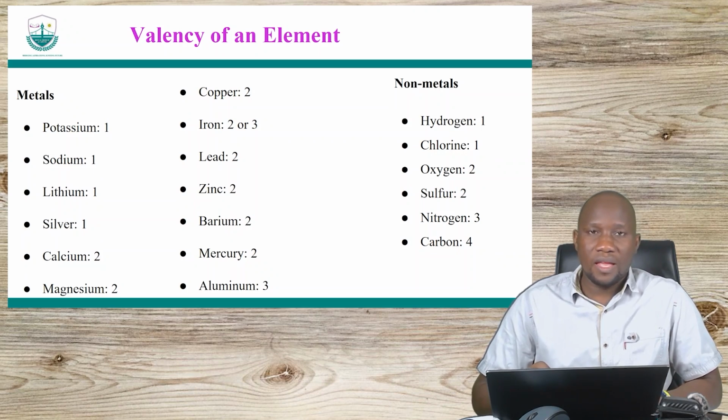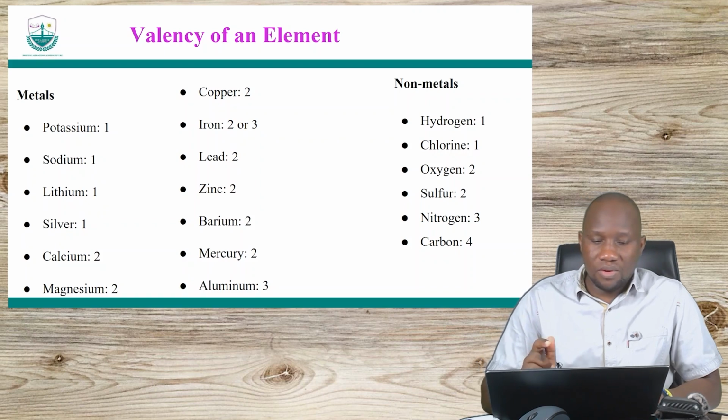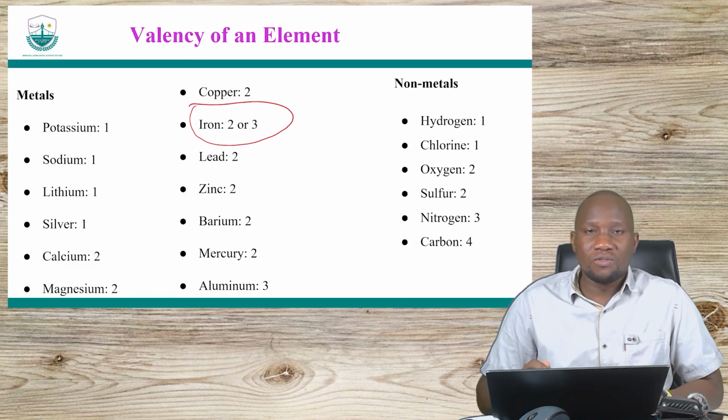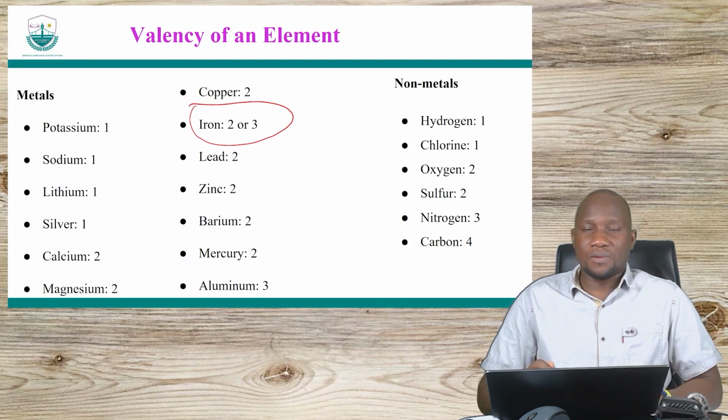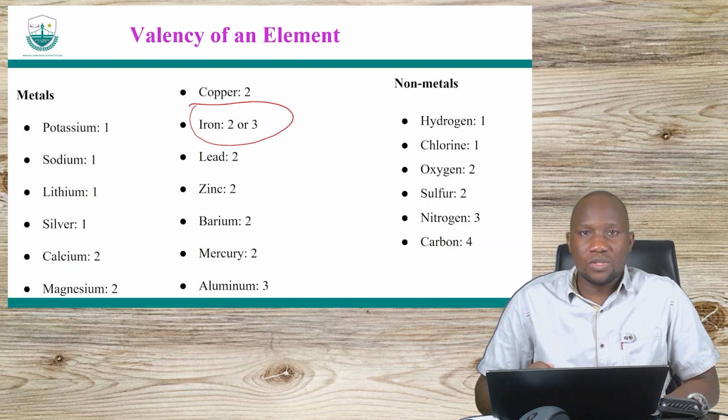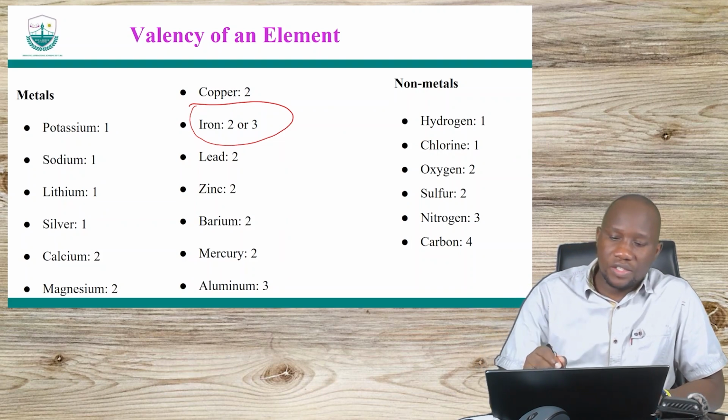We have elements that have more than one valence. For example, in our case here, we have iron. It has a valence of 2. It also has a valence of 3.